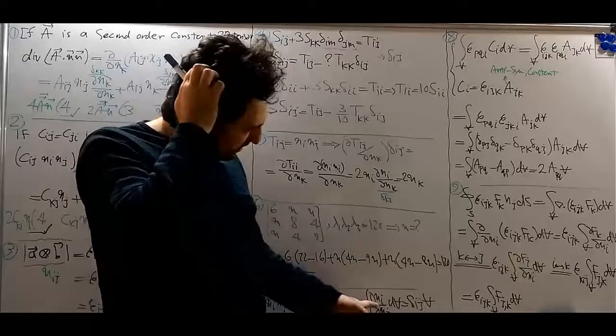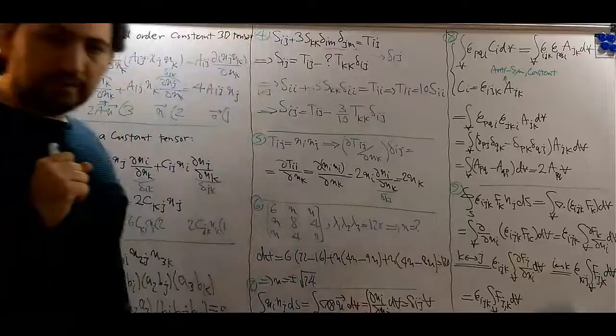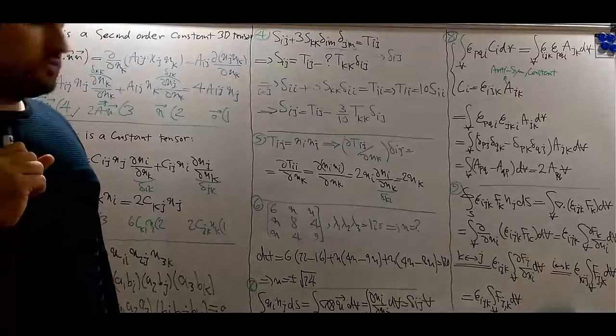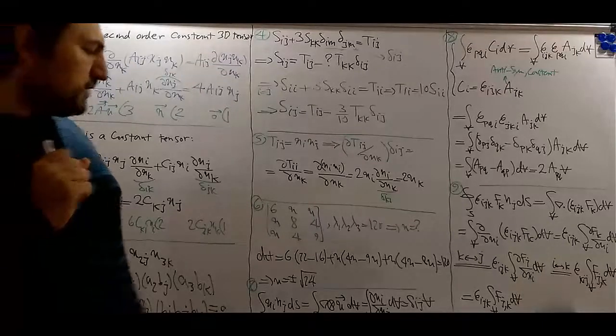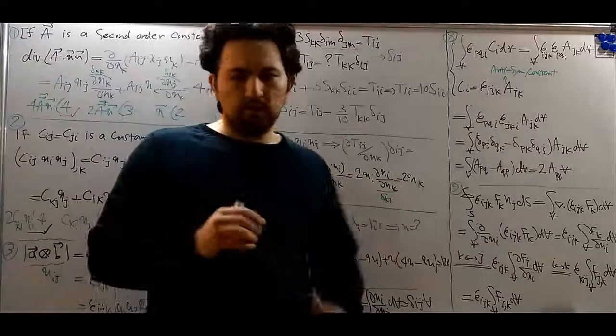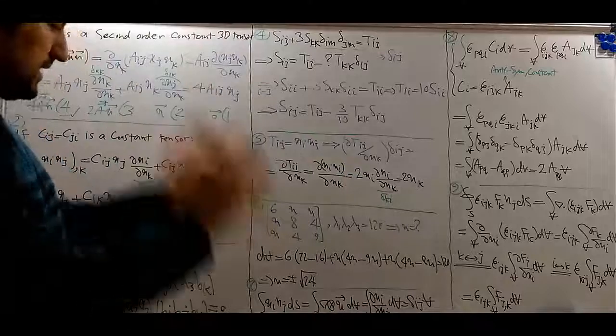This equals the partial derivative of x sub i with respect to x sub j, which is again equal to delta sub ij, which is a constant tensor, and the integral of dv is simply v. So the result is the product of delta sub ij and v.